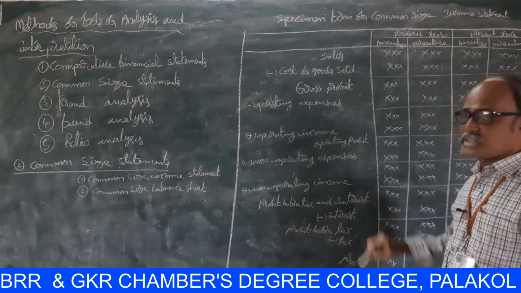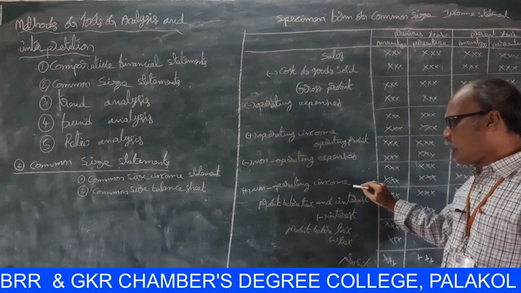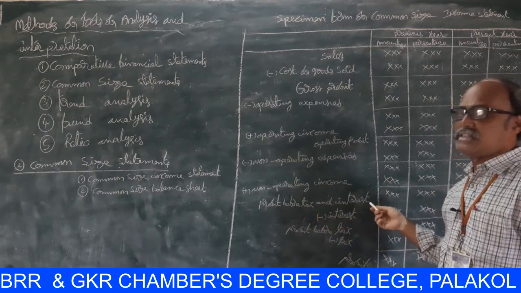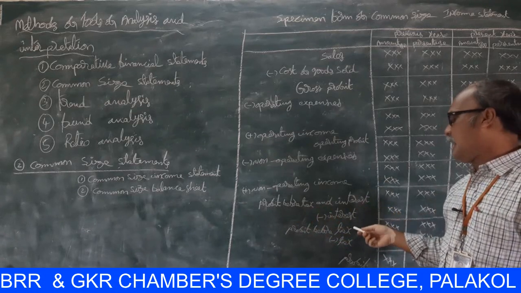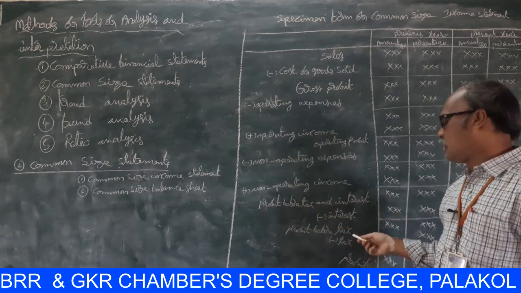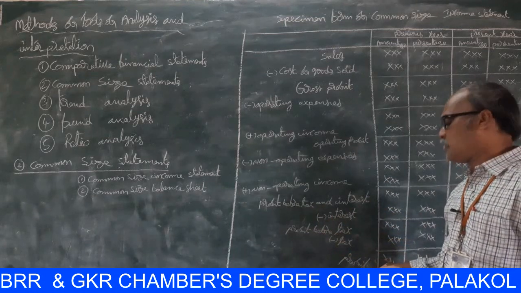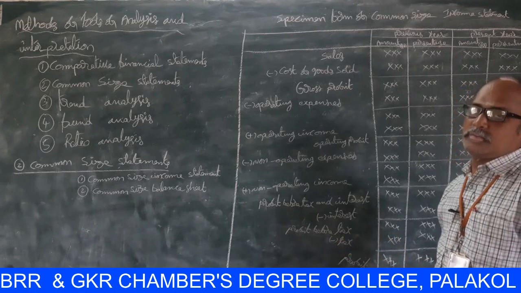Less operating expenses, add non-operating income, then we find profit before tax and interest. Less interest, then we get profit before tax. Less tax, then we finally get the profit.